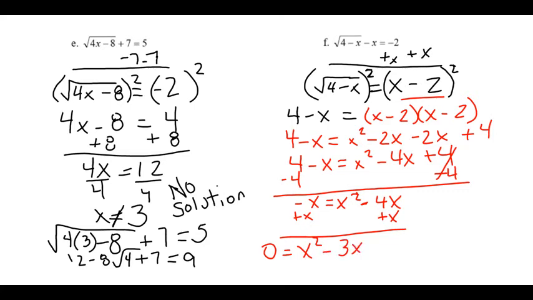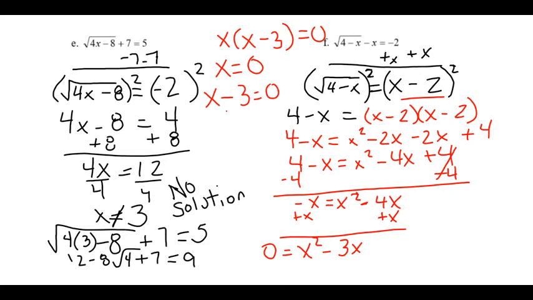And then we'll make it equal to 0. We'll factor it. So we will have x times x minus 3 equals 0. So we'll get x equals 0 when we set our factors to 0. And x minus 3 equals 0. So we'll add 3 to both sides. And we get x equals 3. So my two solutions right now are x equals 0 and 3.